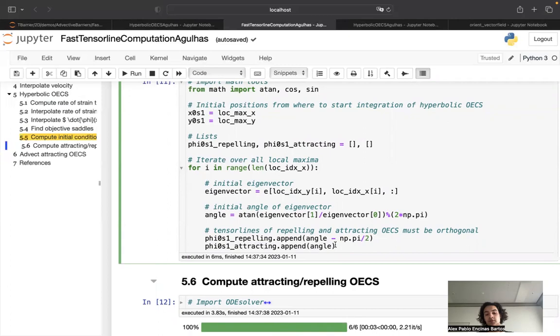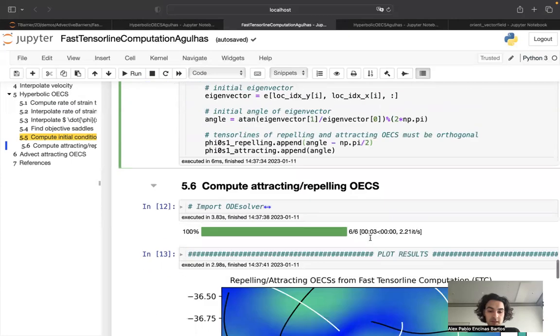You know by construction that the E2 vector, the most stretching direction, needs to be orthogonal to the most compressive direction, and that's why the initial angle for the repelling and the initial angle for the attracting OECSs need to be different by 90 degrees.